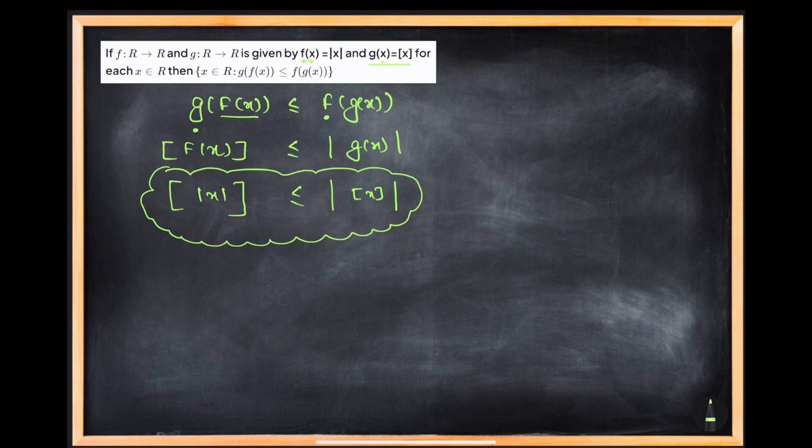Okay, so suppose that we are interested in talking about x belongs to integers. Okay, and in integers we have positive integers, we have neutral integer 0, and we have negative integers.